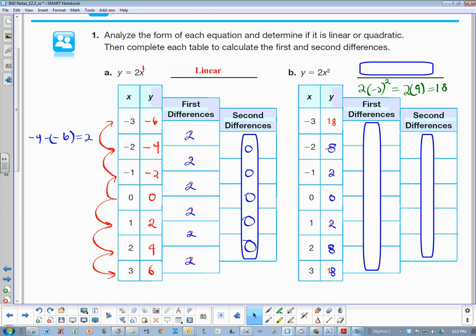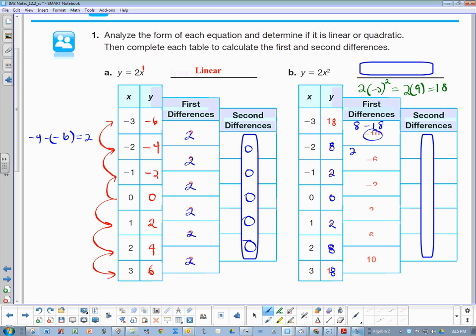Let's kind of just reveal this for a moment. You can kind of see we have right here, 8 minus 18. So this is 8 minus 18 is negative 10.